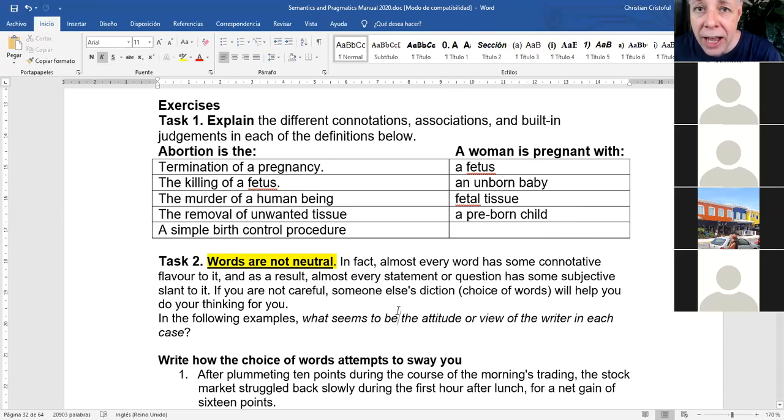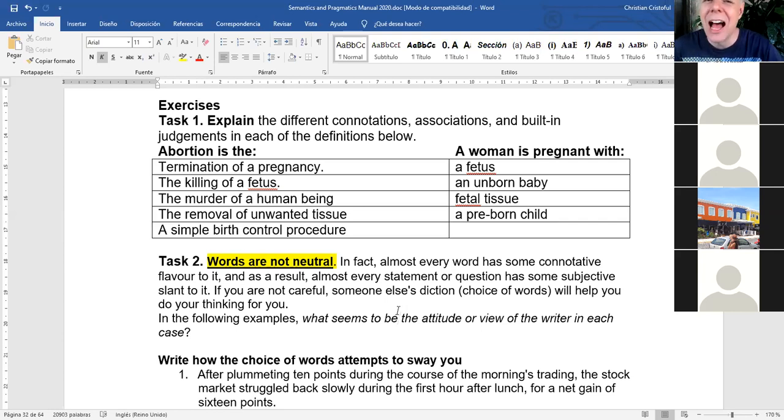Everything that we say has an associated feeling to it. That's why when people fight, when people have an argument, they choose carefully certain words that will hurt the other person. How can a word hurt you if a word is just sound?